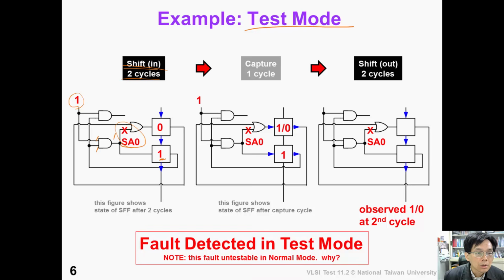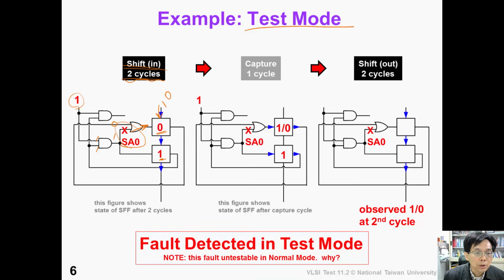Also, we want to propagate this fault effect through the OR gate, so the side input here must be 0. So we want scan flip-flop number 2 to be 0. So we can shift a test pattern 1, 0 into this scan chain.